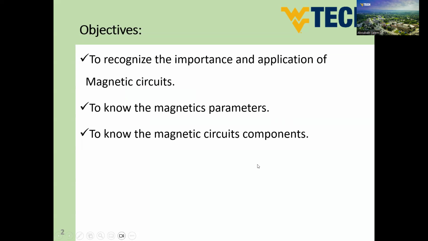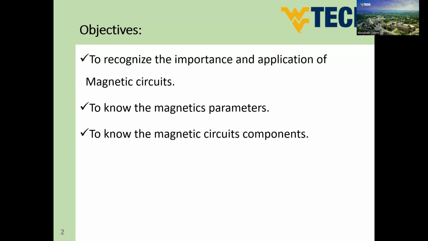Like we have electrical circuit, you know, electrical circuit has resistance, has inductance, has capacitance. So what about magnetic circuit? In electrical circuit, you had some circuit parameters connected in series or in parallel or series-parallel, along with a power supply, voltage source, current source.